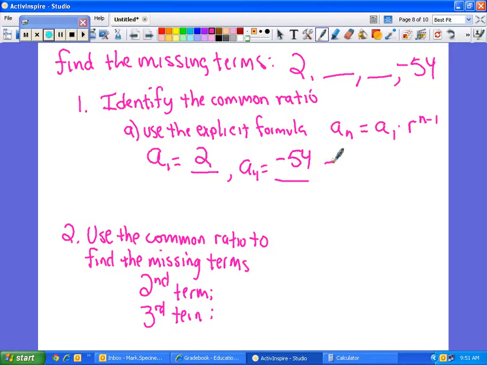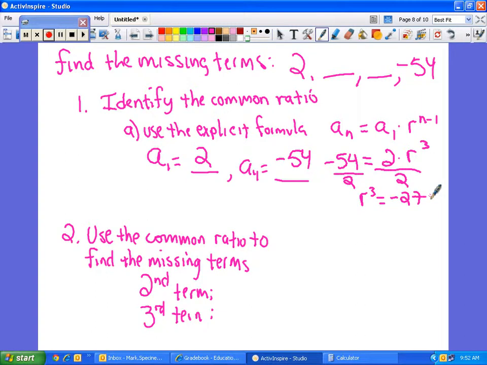It's negative 54 is equal to my first term, which is 2, times, here's where it differs, because now, instead of first finding the common ratio, we now have to solve it in the context of this equation. So we're going to have r to the n minus 1. Our n value was 4. 4 minus 1 is 3. Now I'm going to solve for r. So I'm going to divide both sides by 2. We get that r to the third is negative 27.